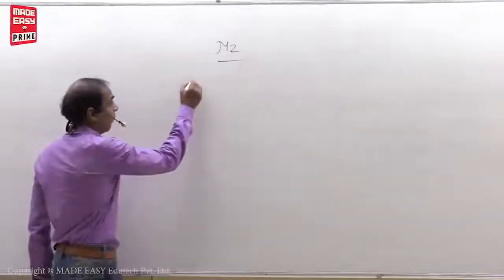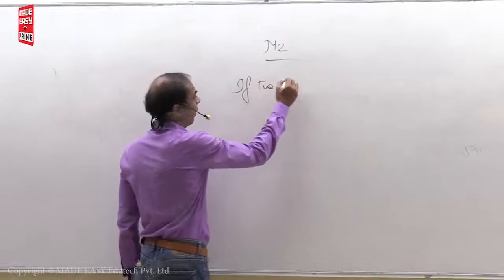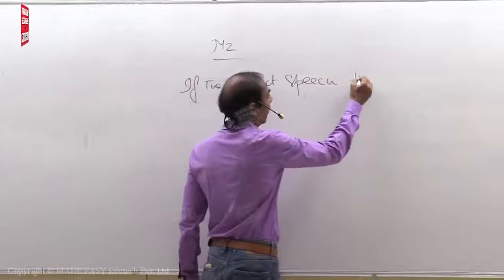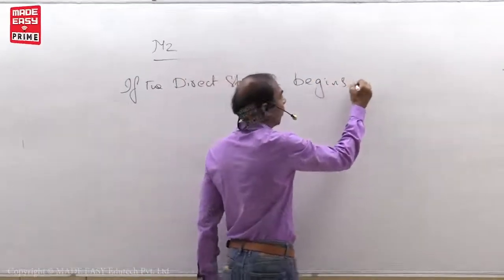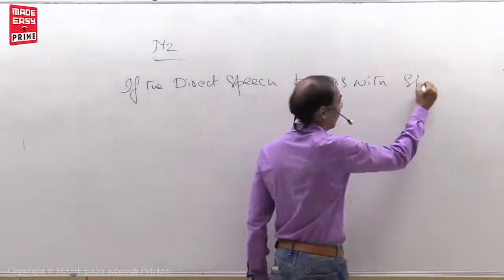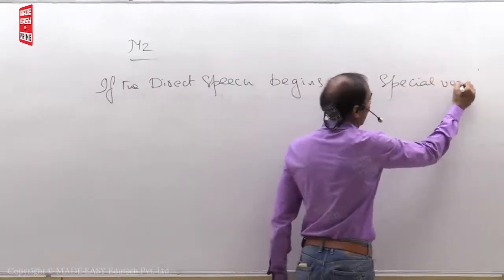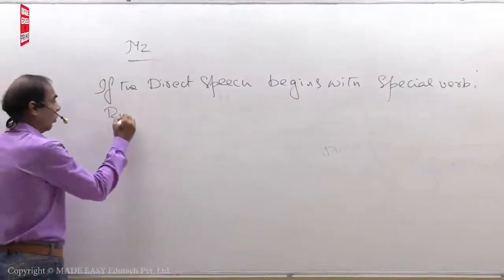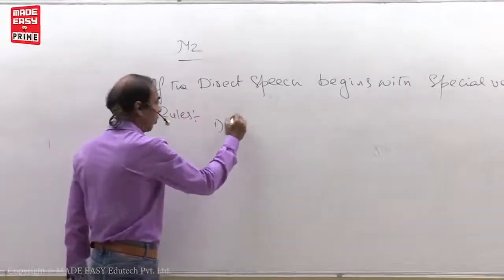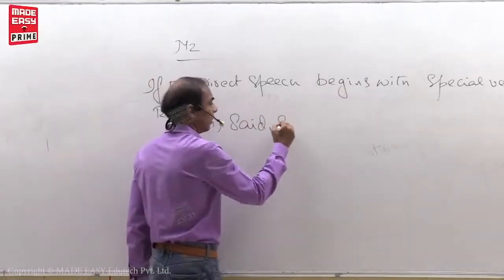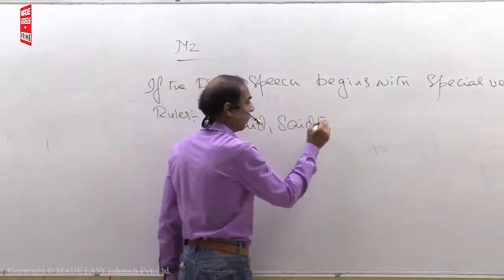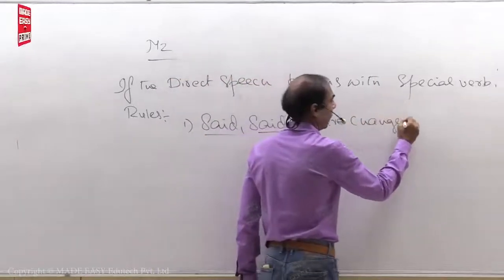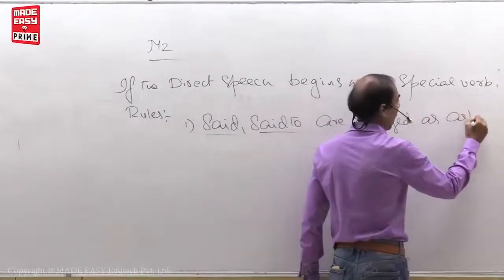What is the model number 2? If the direct speech begins with special verb. Rules. First rule. Said, said to, or changed as asked.